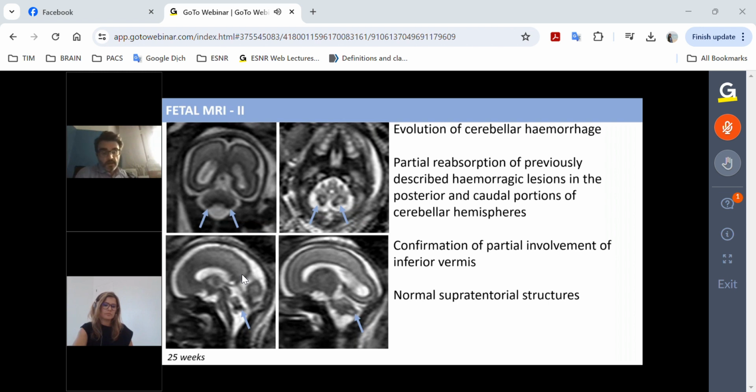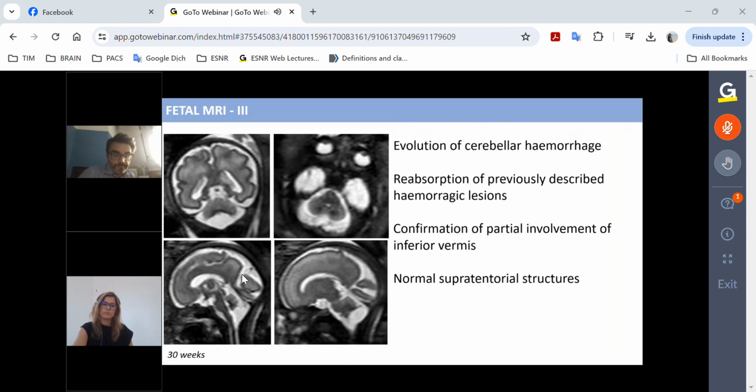They are less dark now, and also the hemispheres are more clearly defined. Maybe there is something missing in the inferior part of the vermis, which is of bad prognostic value. So it seems that the inferior vermis is damaged, but we're going to see it later because we did a third fetal MRI at 30 weeks of gestation.